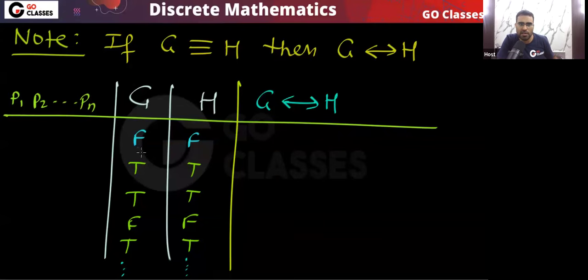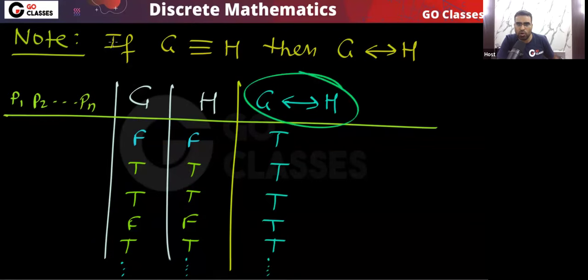Very simple. False biconditional false, that will be true. True biconditional true, that is true, and so on. Did you notice that this is a tautology? This is always true, so this is a tautology.